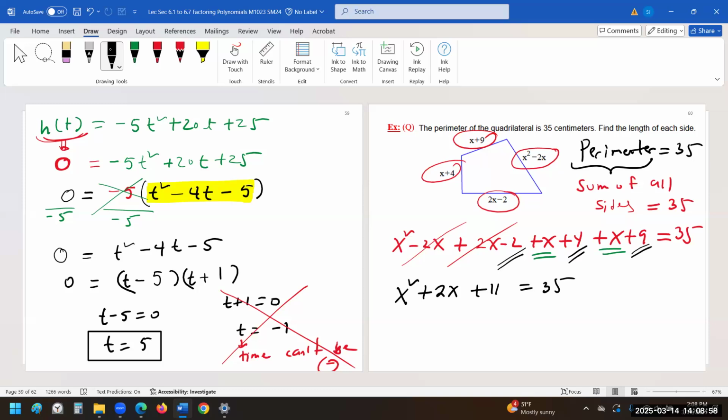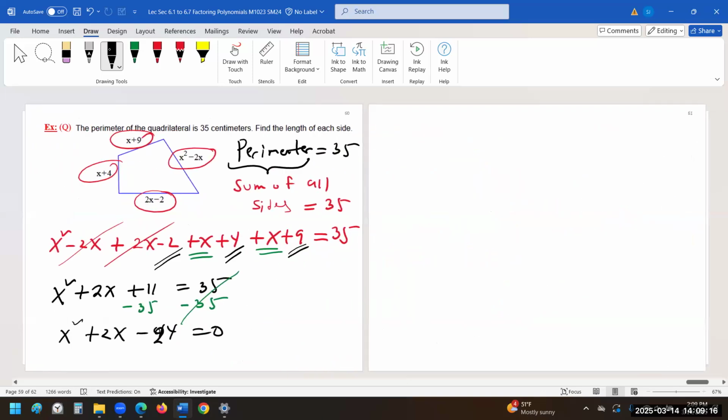But we are unhappy, right? Why are we unhappy? We don't see a 0. So we subtract 35 and we get x squared plus 2x minus 24 equals 0. It's a nice quadratic equation. We can factor: 2 numbers multiply to 24 and combine to 2. 6 and 2?